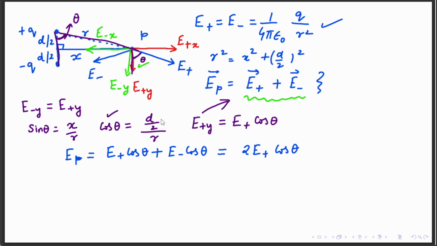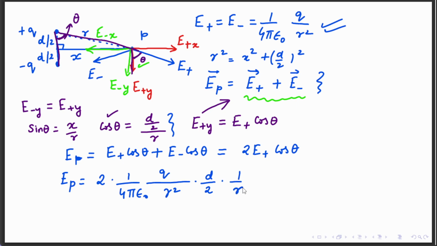Let us substitute cos theta and E plus and E minus from this equation. Therefore, E of P equal to 2 E plus, which is 1 by 4 pi epsilon 0, Q divided by R square. Cos theta equal to D by 2 into 1 over R.